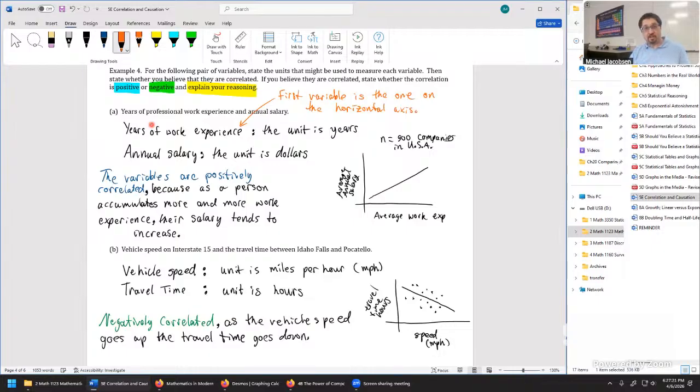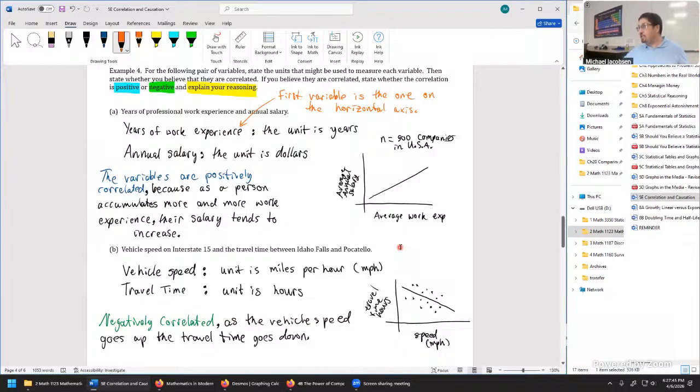Sometimes that first variable is called the explanatory variable, and the second variable given is sometimes thought of as the response variable. We're thinking that annual salary can be explained by average work experience, and we're thinking that travel time can be explained by the speed that the car is going as well.